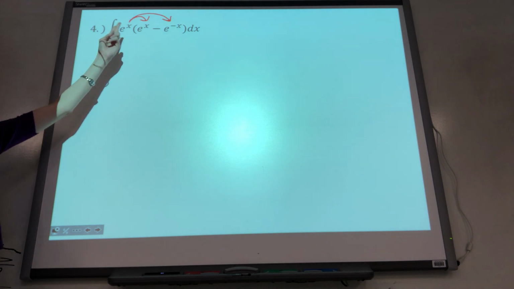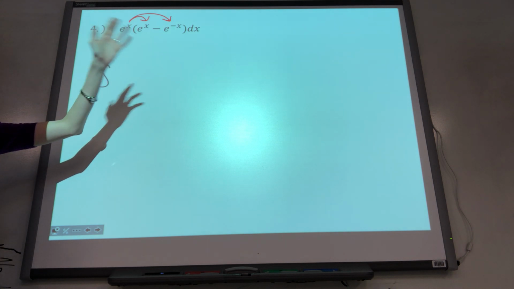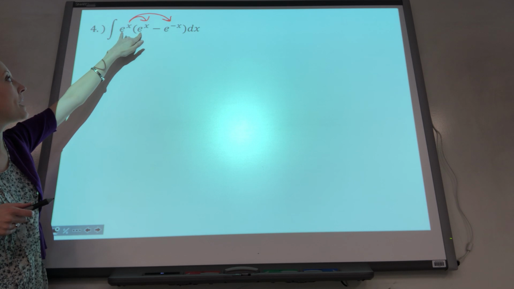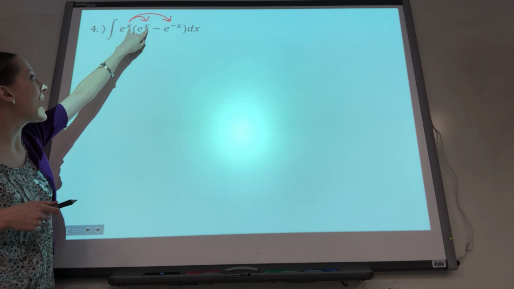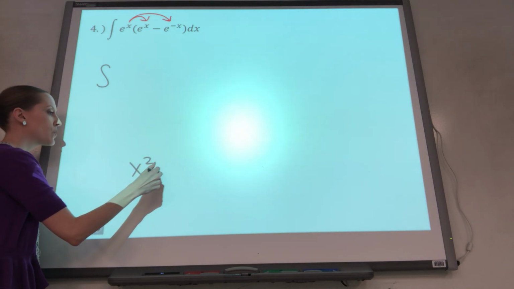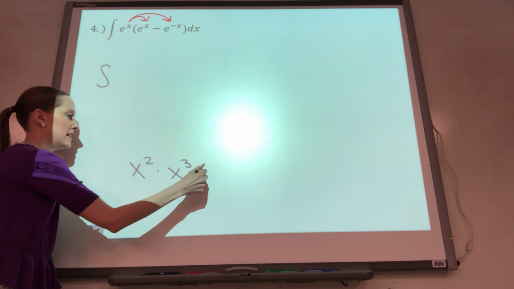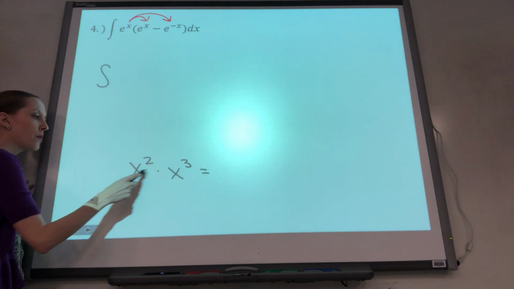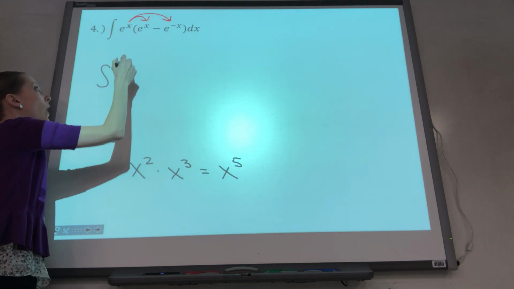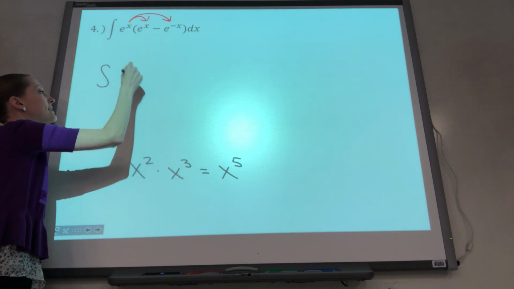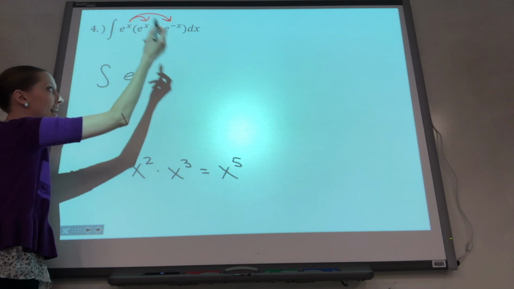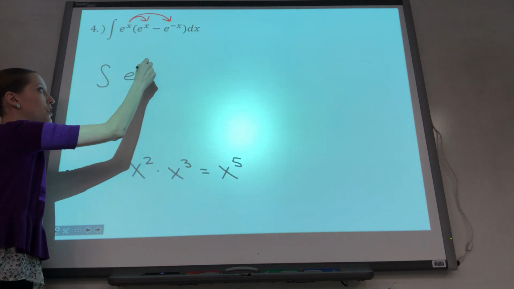Now let's look here. e to the x times e to the x. Anytime you multiply with the same base, you add your exponents. It's like if I took x squared times x cubed, multiplying with the same base, you add your exponents. So keep the base of e, but then what is x plus x? 2x.